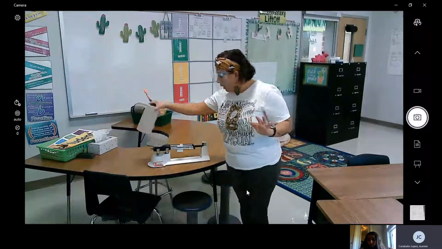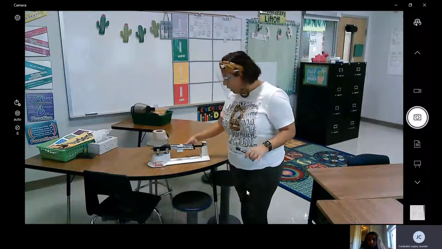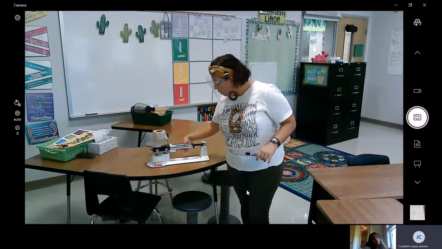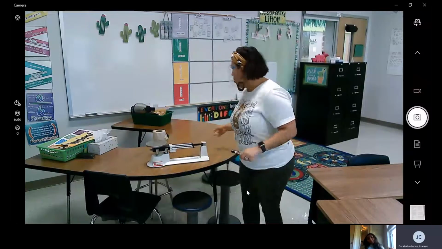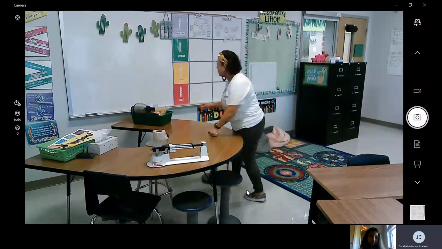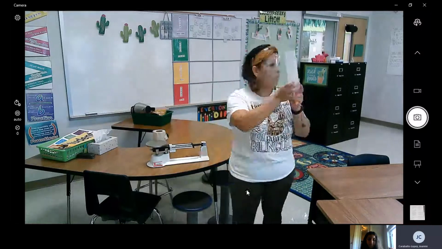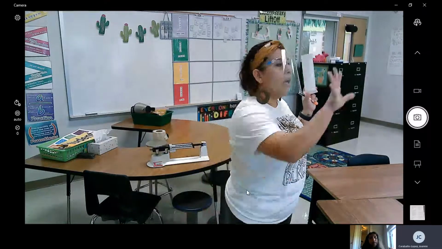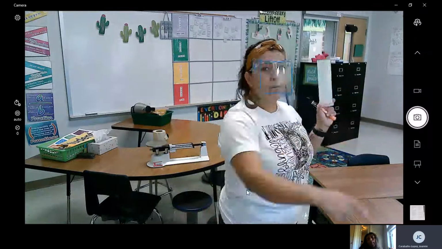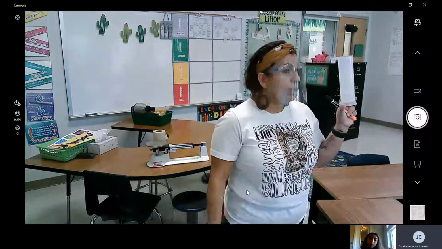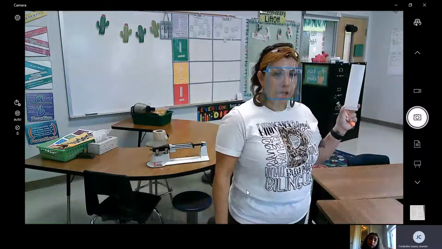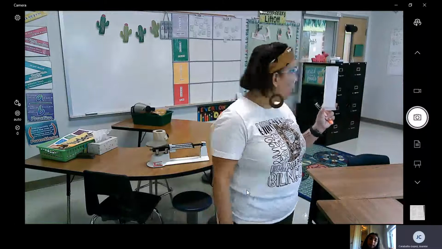Let's look really quickly. So once we're done with that, we're going to zero out our balance, take it back, okay? And then we're going to talk about volume, okay? Talk about volume. What is this? Do we know what this is called? So he said a measuring cup and he said a graduated cylinder. What do we call it? Graduated cylinder. Excelente, my friends. That's awesome.